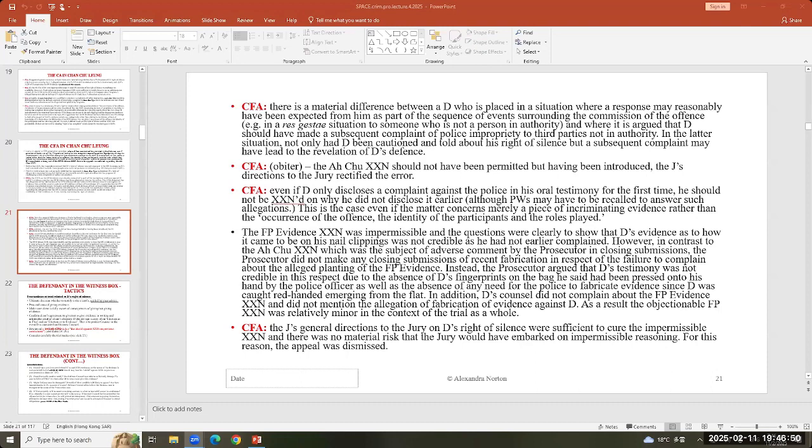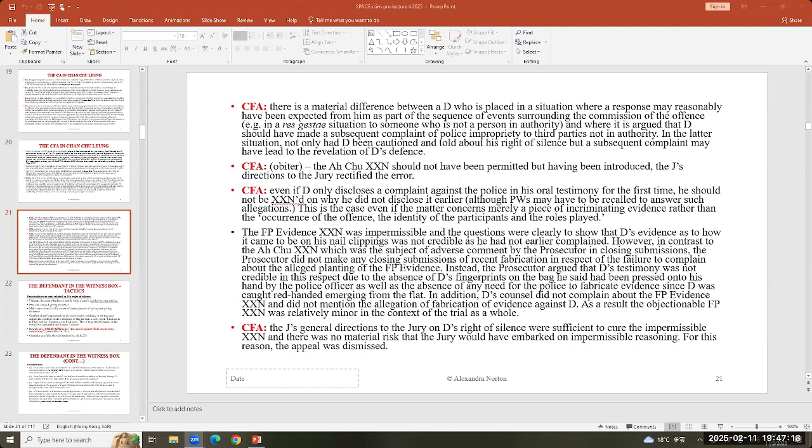But here, I think it wasn't just the fact that the evidence was overwhelming. It was the fact that it was determined that sufficient had taken place during the trial to make sure that the defendant had not been prejudiced in his defense. And crucially here, no objection by the defense team and no reference by the prosecutor in the closing submissions.